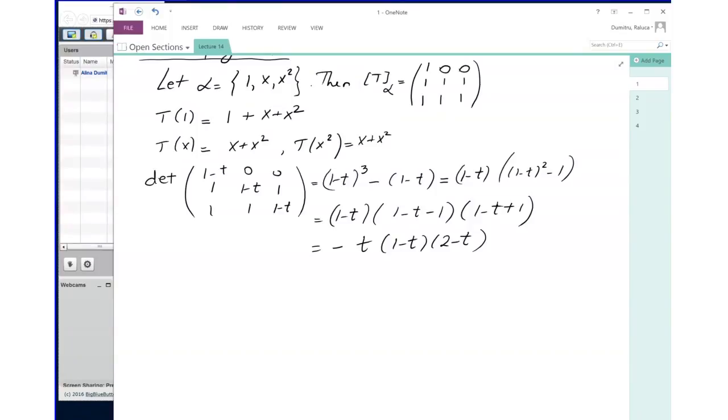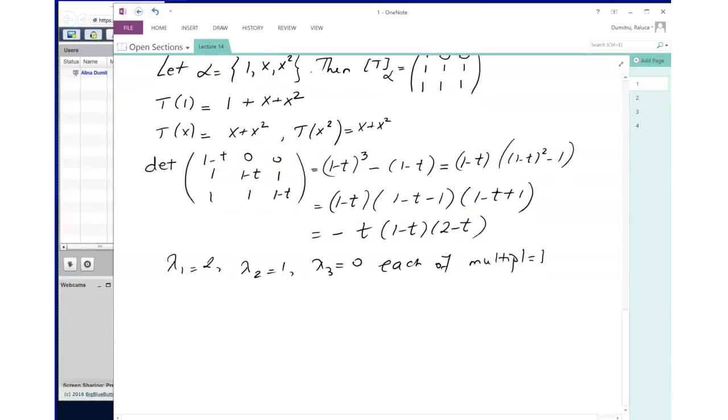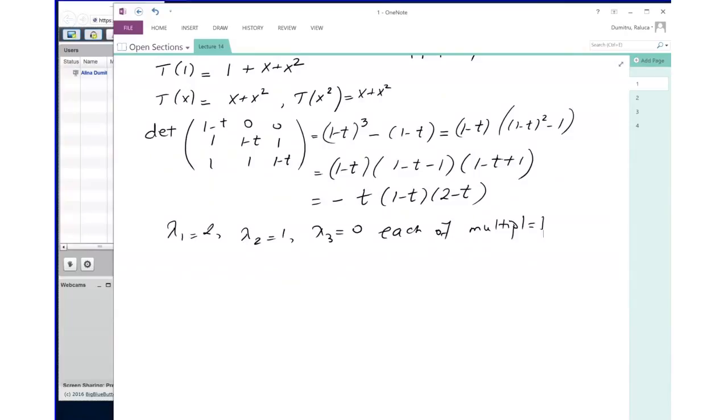If an operator on a space of dimension n has n distinct eigenvalues, it's going to be diagonalizable, each of multiplicity 1. So 3 distinct eigenvalues means it's diagonalizable.